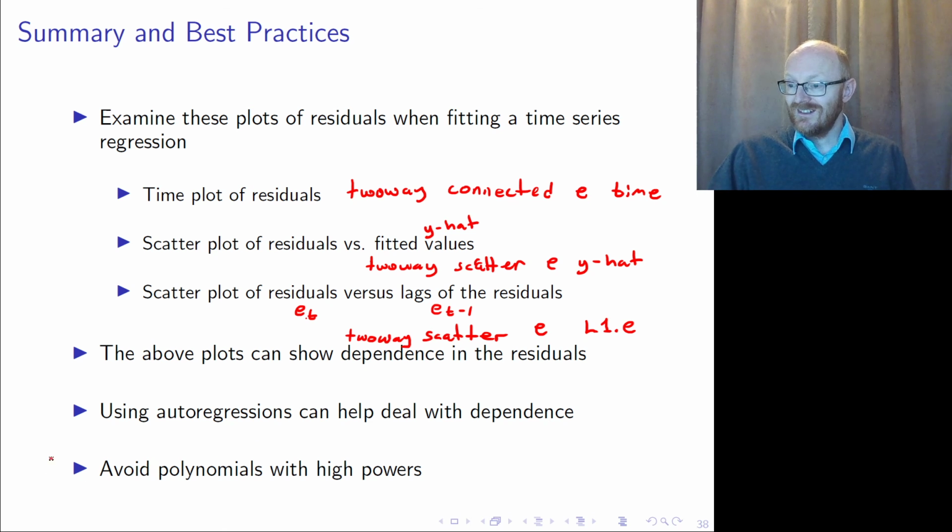And of course, avoid polynomials with high powers, because they can be quite deceiving, giving you a very high R², but they are not working very well when it comes to forecasting. It's much better to use the autoregressive model. Okay, so that's it.